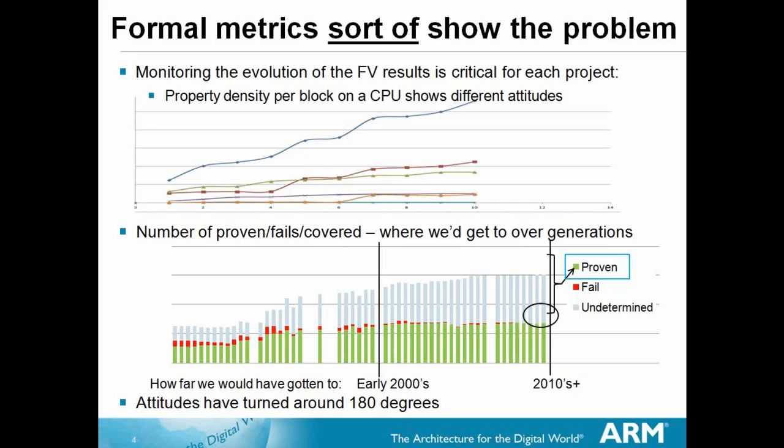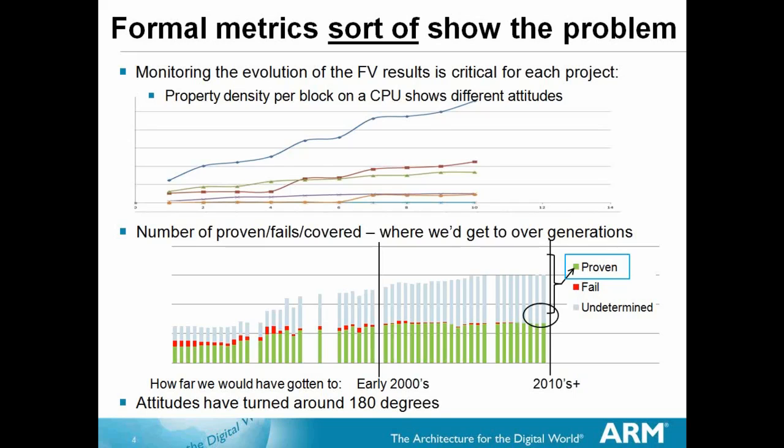And I'd say that in the early 2000s, we probably reached this stage here where we may have explained away certain fails. Usually our constraints weren't very good, and often these things can be put down to under-constraint.